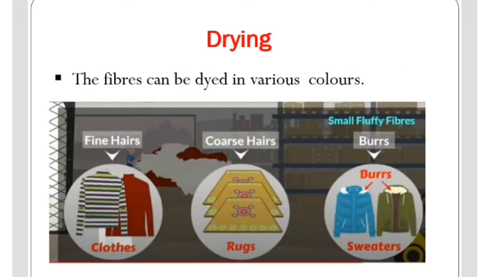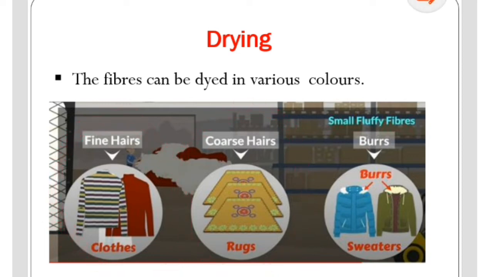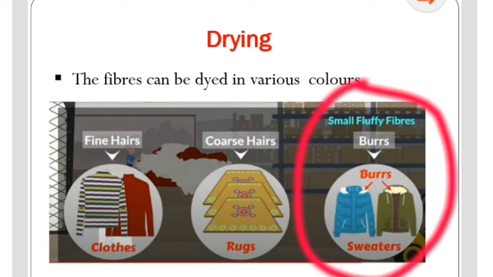Fourth step is drying. Fine hairs are used to make clothes. Coarse hair are used to make rugs. And the small fluffy fibers called burrs are picked out from the hair.